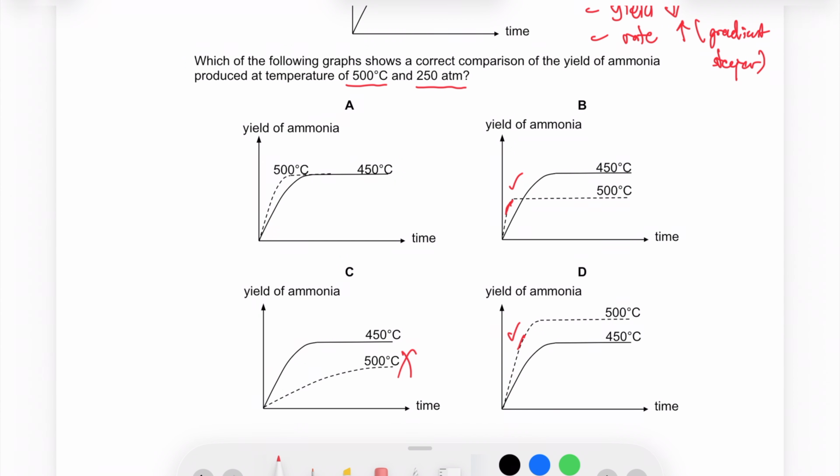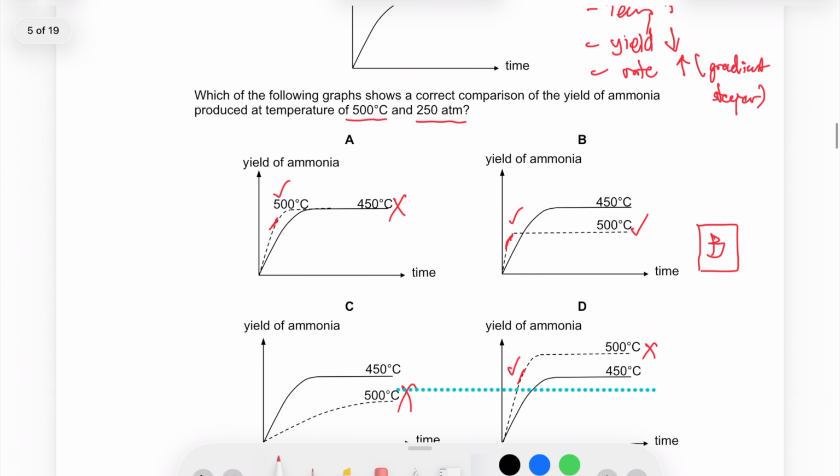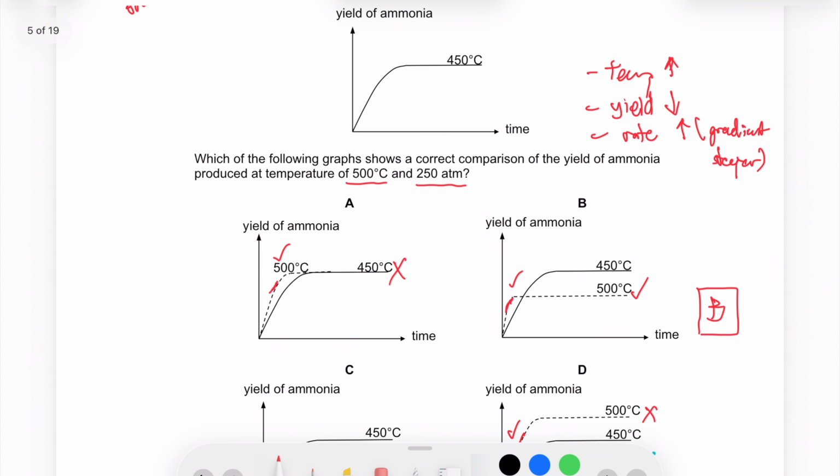This is definitely out. And this steeper gradient is correct, but the yield must be lower. Lower yield is good, higher yield is no good. So the answer will be B, by elimination. I repeat again: you need a lower yield, and a higher gradient, meaning a steeper gradient. So the answer is B.